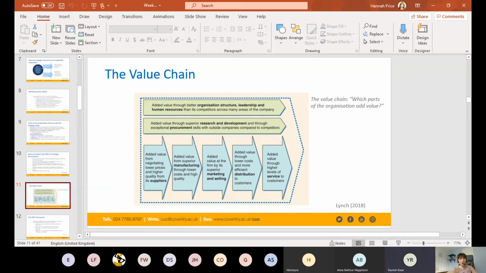And then the levels above that are about organisational functions. So it could be about research and development. We might do that internally, but if we're really good at manufacturing, that's our core competency, we might work with an external consultancy, and it might even be an alliance on a university project.